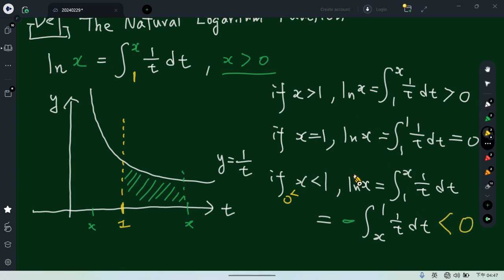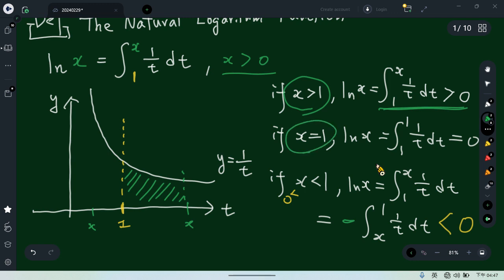So through these three classifications, you can see when x is larger than 1, the number should be positive. When x is equal to 1, the ln x value should be 0. And finally, if x is less than 1, also a positive number, the answer will be negative.